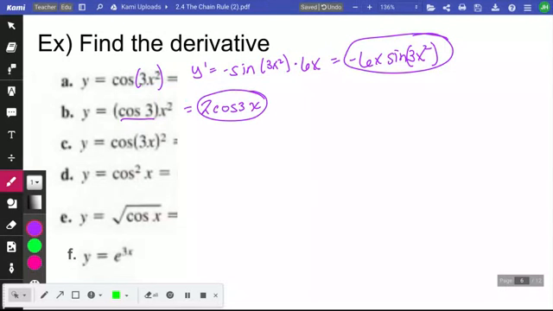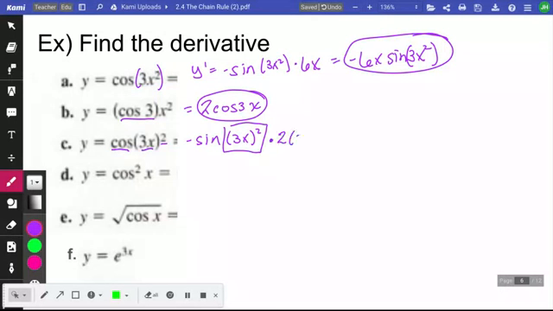All right. And then this one is a little different because you have multiple chains. I have this very outside. And then inside that, I have this outside. And inside that, I have this. Okay. So we're going to do chain, chain, chain. So the derivative of the first outside is negative sine, keeping everything on the inside the same. Then this is my next inside that I need to derive and multiply by.